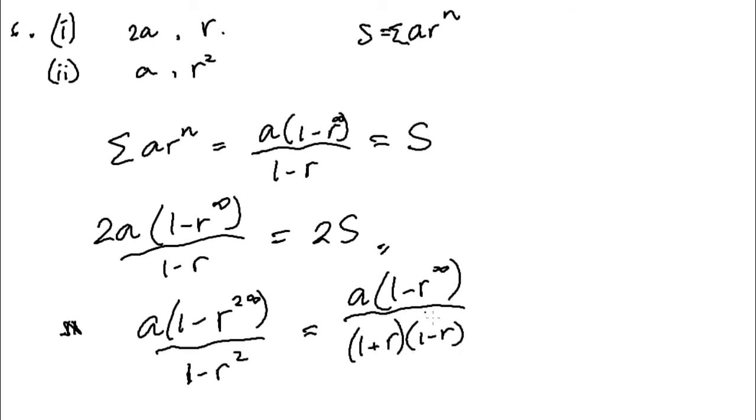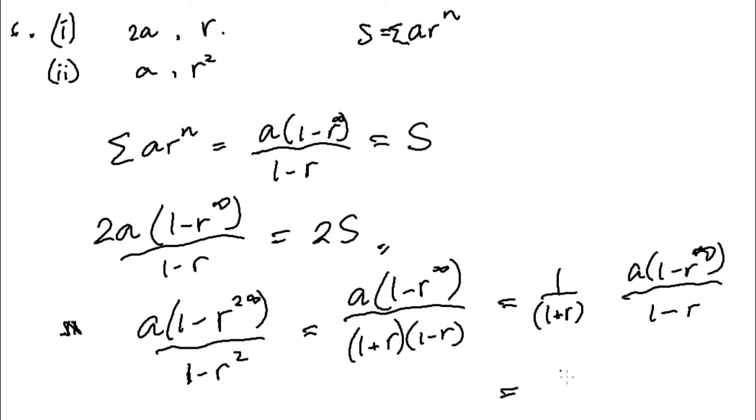That's what they want. And we can take 1 over 1 plus r out. And we're left with a 1 minus r to infinity divided by 1 minus r. And that is s. So we get s over 1 plus r as the second expression.